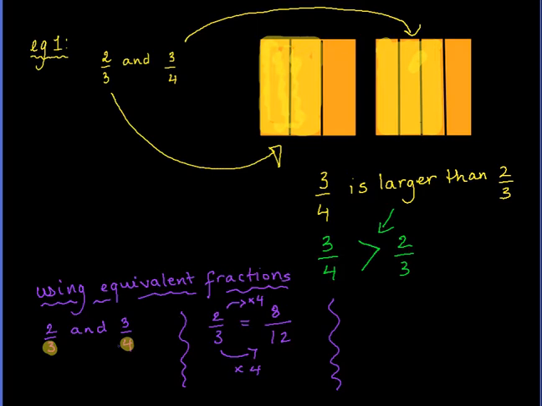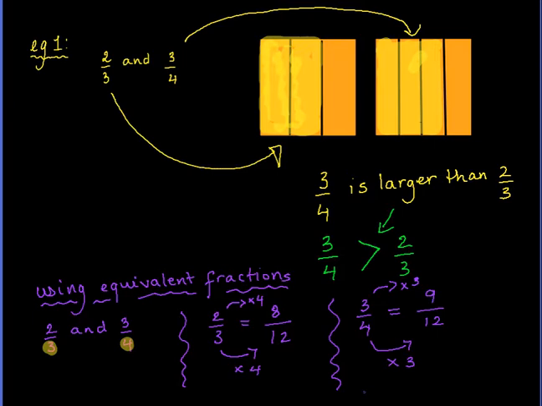And I'm going to do the same thing for 3 over 4 as well. So I've got 3 over 4, and I want to make it out of 12. And if you look here, 4 times 3 is equal to 12, so therefore I'm going to multiply the top number by 3, so that gives me 9.